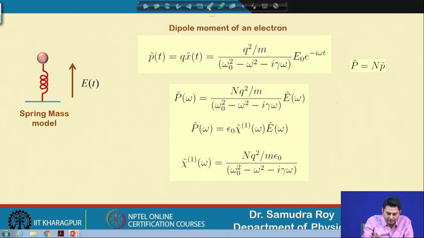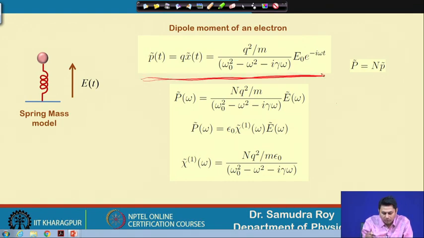Once we have this value, P is my polarization, or in other words, p is my dipole. Dipole is nothing but q, which is a charge, multiplied by the distance. So charge multiplied by the distance is my dipole.